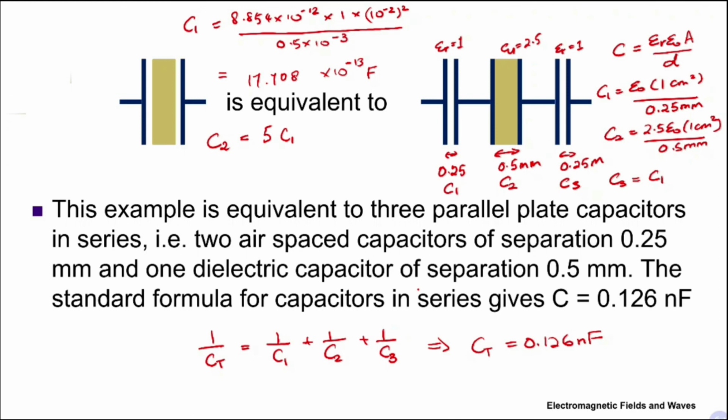Okay, C2 should be 5 times C1. C1 should be about 17.708 times 10 to the minus 13.